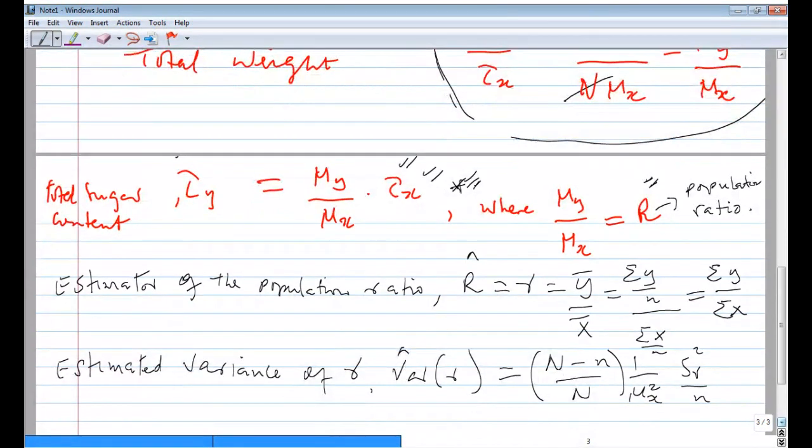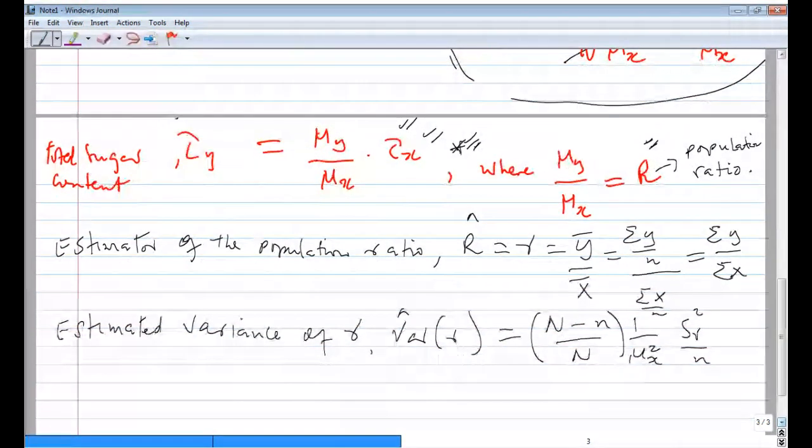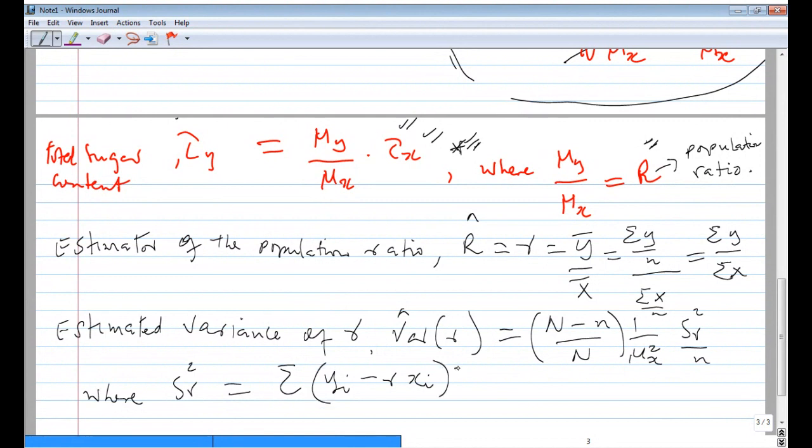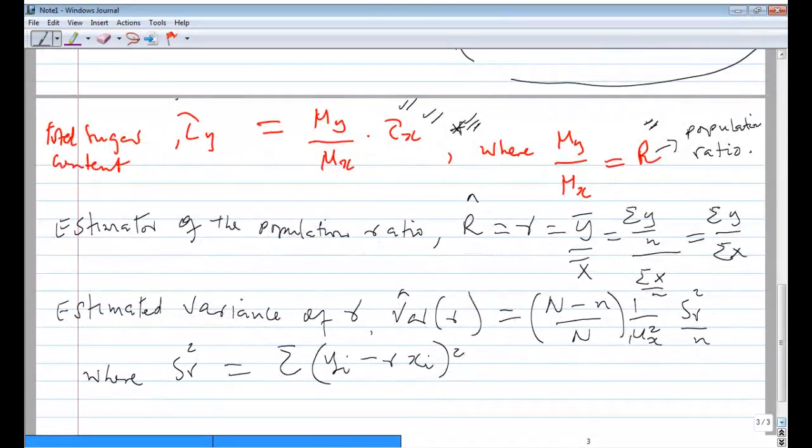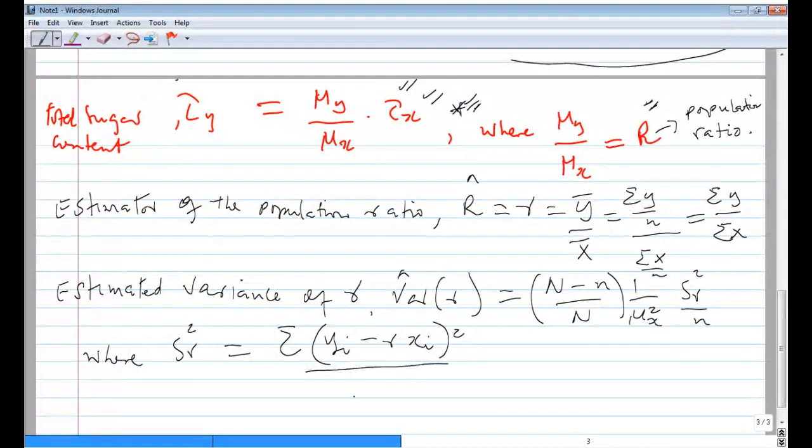s r squared, which is the sample variance under ratio estimation, is equal to the summation of yi minus r times xi all squared divided by n minus 1.